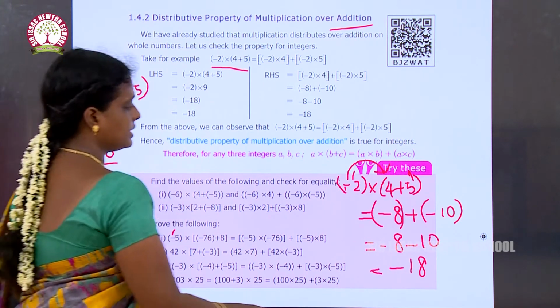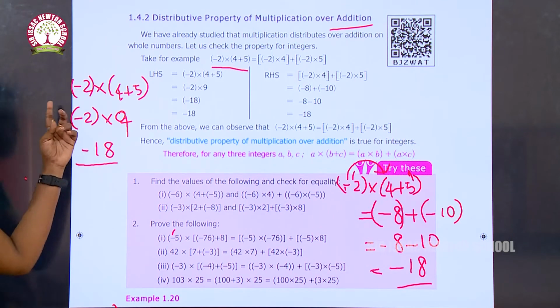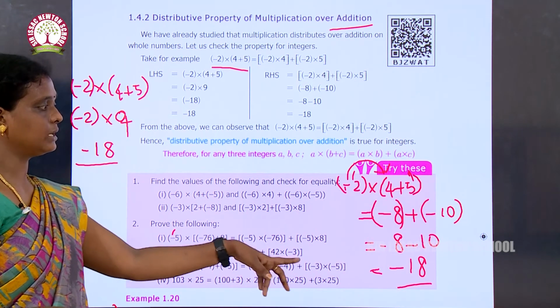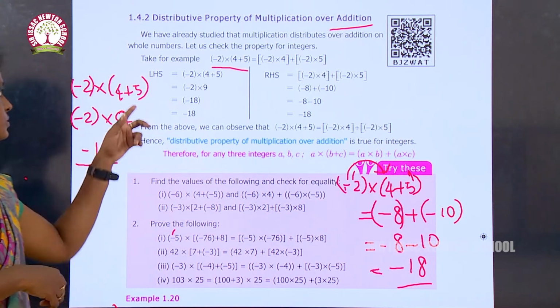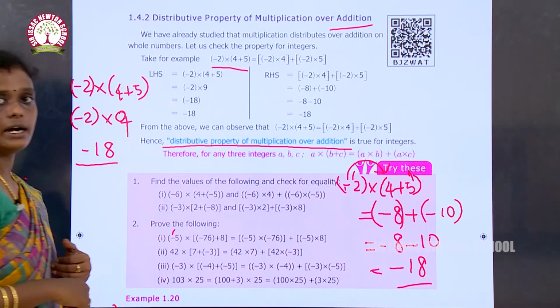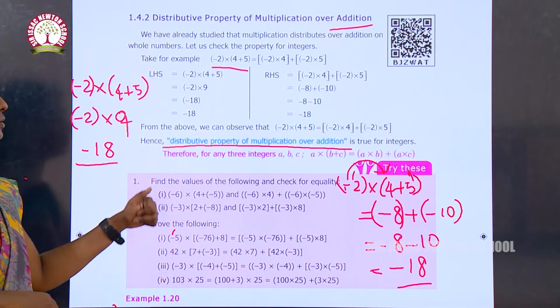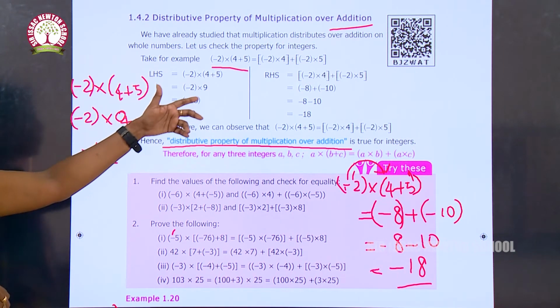It is minus 18 here and it is also minus 18. If both the LHS and RHS are equal, the property is true for integers. So the property is distributive property of multiplication over addition.